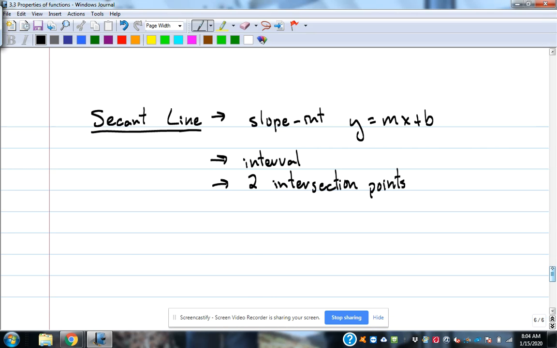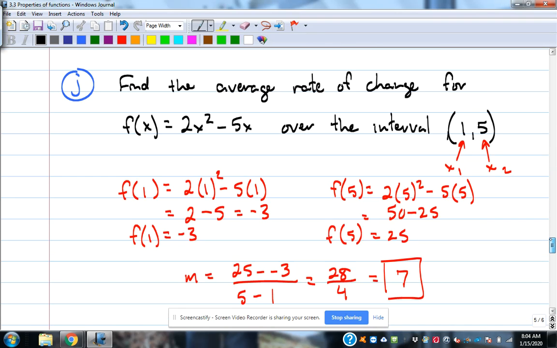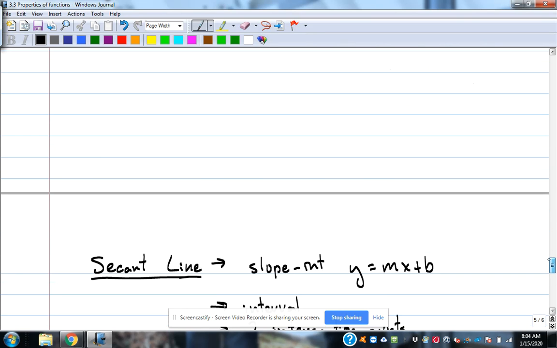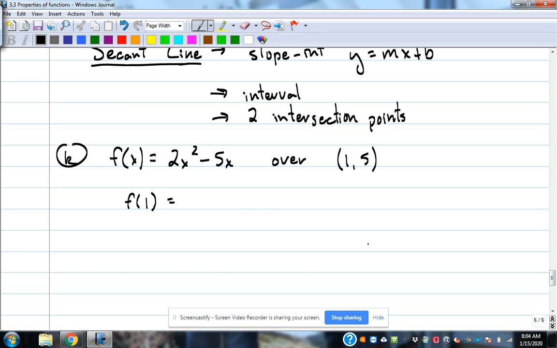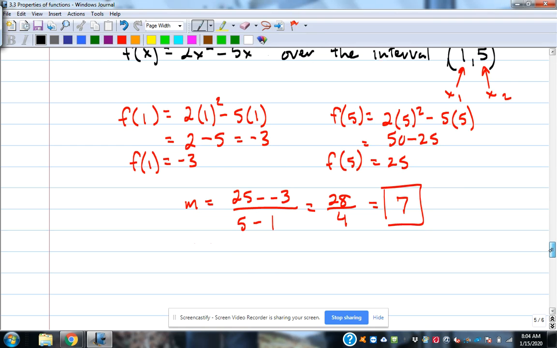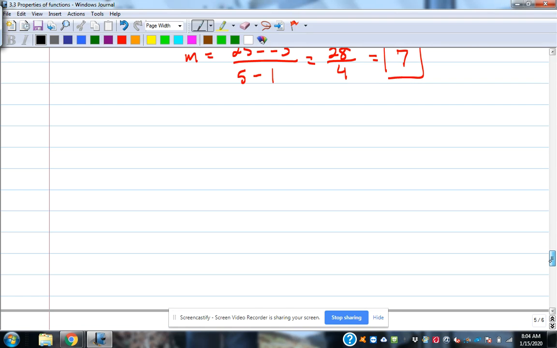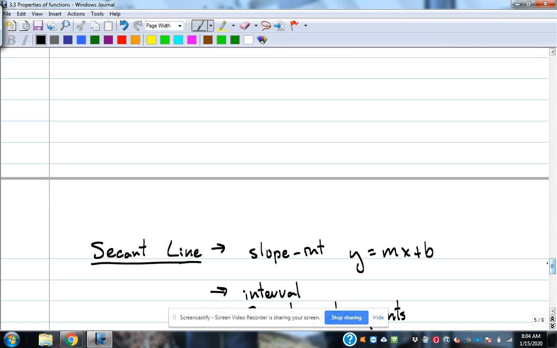Okay, so for example J, we used this function. We used f of x was 2x squared minus 5x over 1 to 5. And we did all that work and we found that f of 1 was -3 and f of 5 was 25.